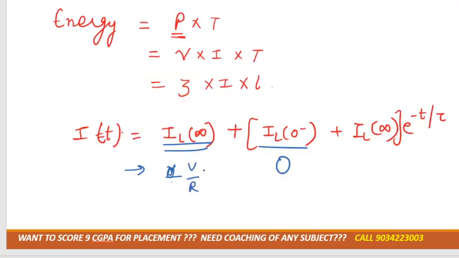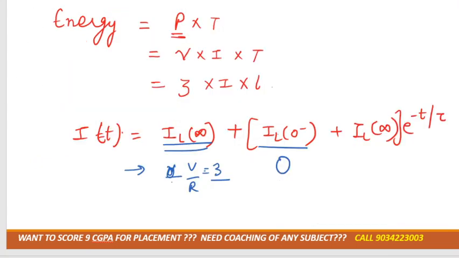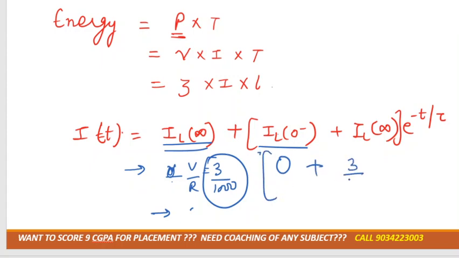Resistance is how much? So 3 over 1000. Okay, so that would be IL of infinity, 3 over 1000, times e raised to power minus t by tau.